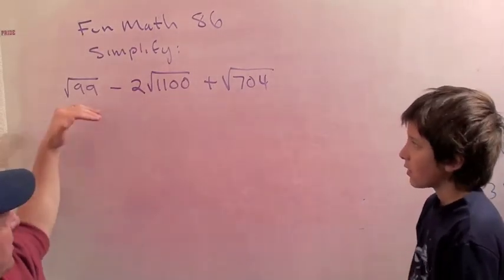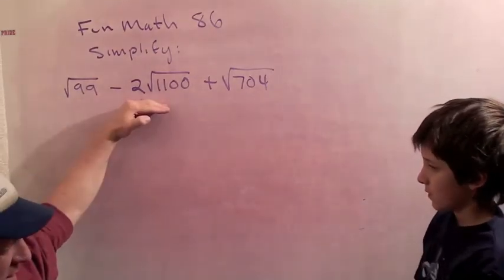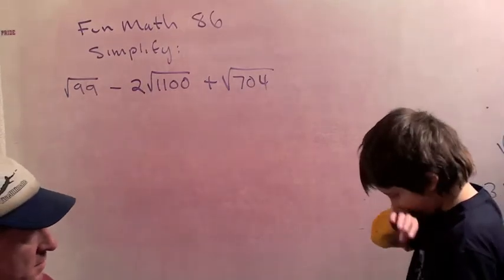Okay, fine, 33. So this is 10, minus 2 times 33, so 10 minus 66. And then the square root of 704. Ooh, what's that?